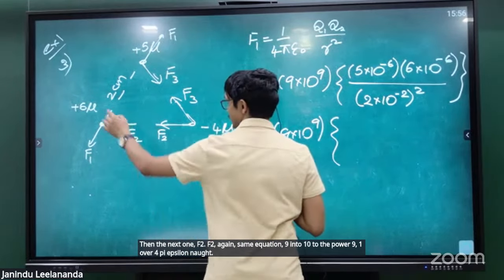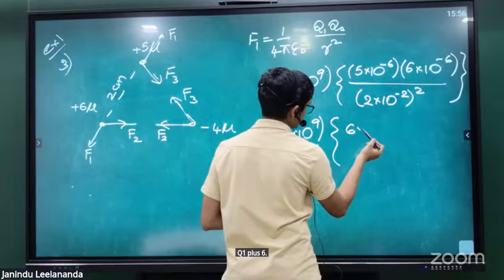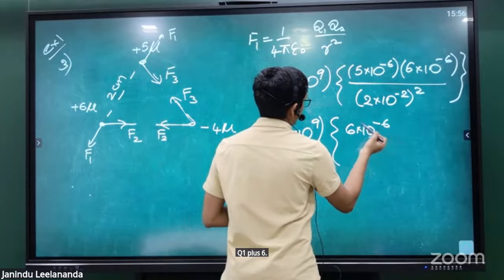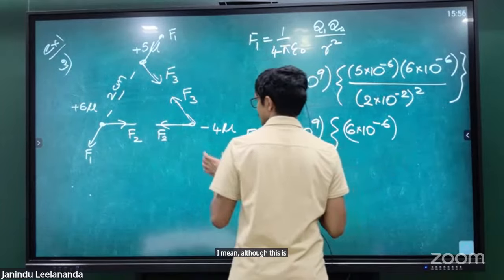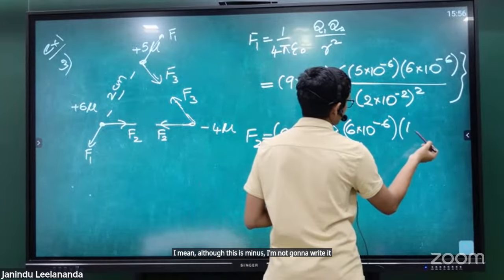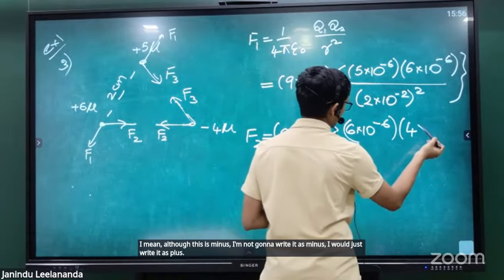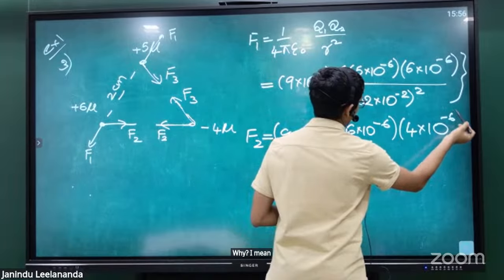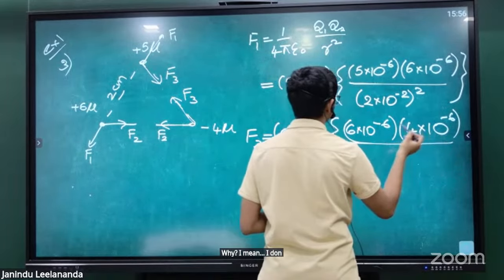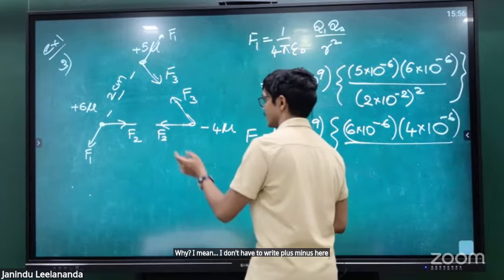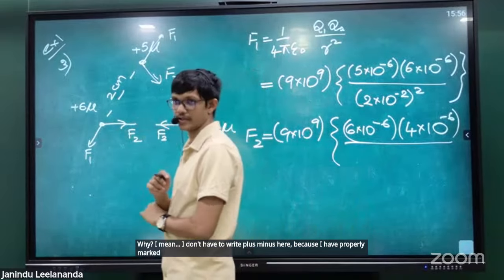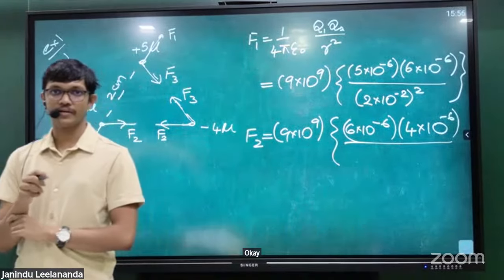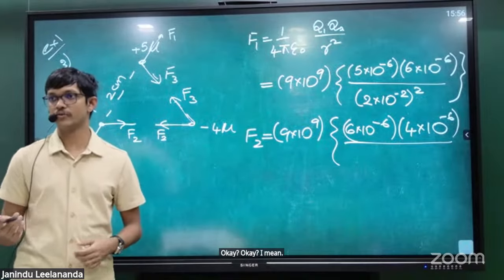Q1 plus 6. Although this is minus, I'm not going to write it as minus. I would just write it as plus. Why? I don't have to write plus minus here because I have properly marked the direction, right? Plus minus of a force means the direction.